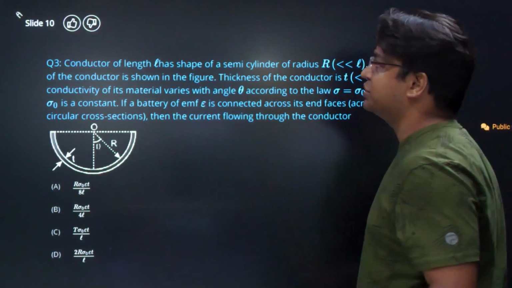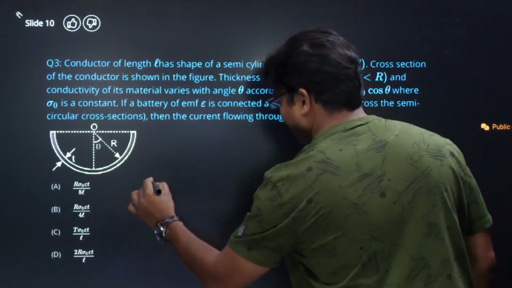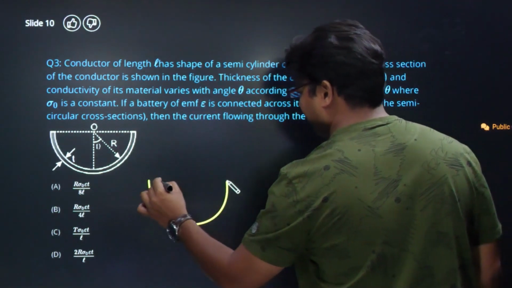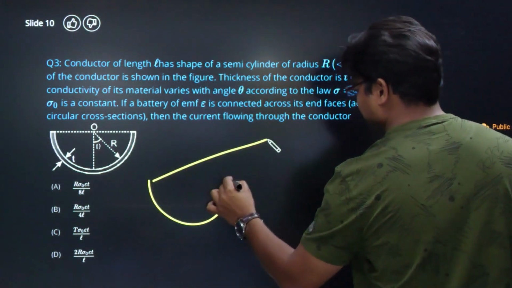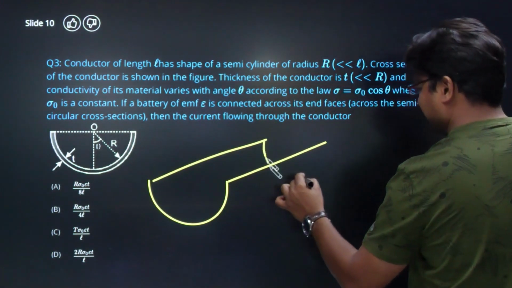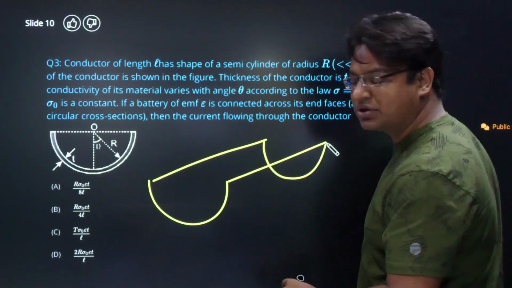So let me explain the question to you, everyone. The object given to us is in the form of a half cylinder, something like this. It is in the form of a half cylinder, and it has got some width also.